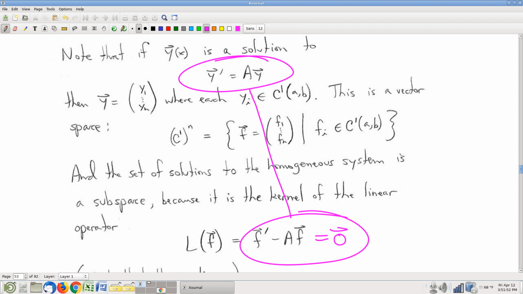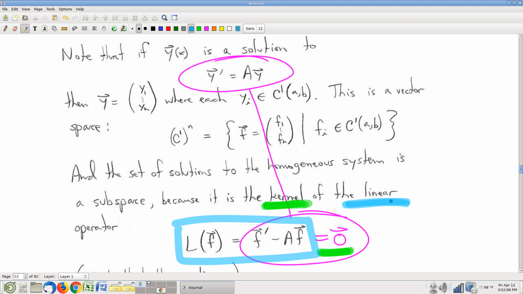There's that observation we made on the previous page: two different ways to write the same equation. What we are then looking for is the kernel of a linear transformation, linear operator L, defined by that formula. Now there's another exercise: confirm for yourself that what I have circled in blue here is a linear transformation.